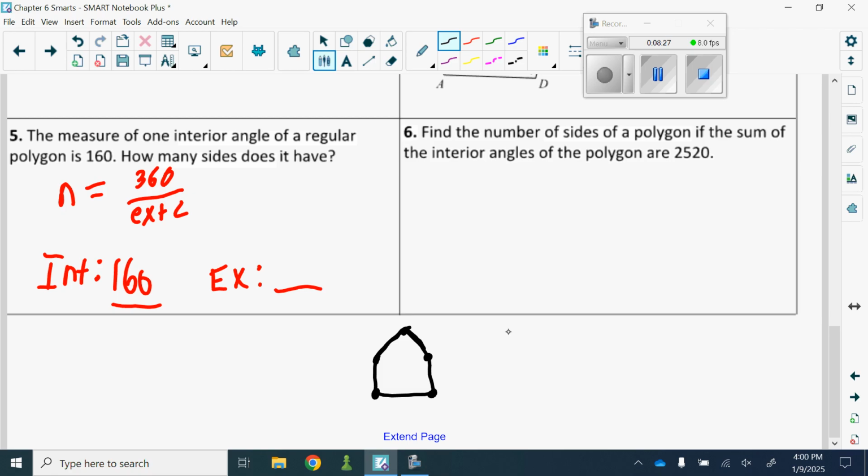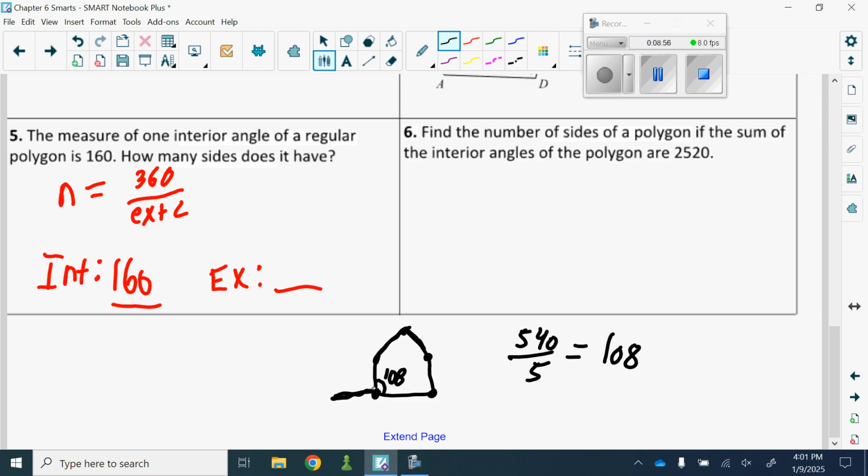The sum of interior angles of a pentagon is going to be 540, and then you can take 540 divided by 5. I'm just doing this for a quick example. So 540 divided by 5 goes to 108. So this interior angle right here is 108, not drawn to scale.